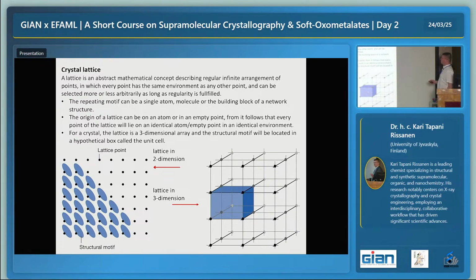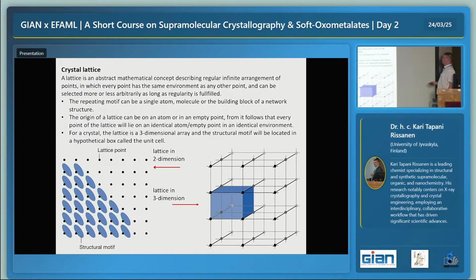You can select how to describe this lattice as you like. They are a little bit difficult to understand because they are very abstract things. And the repeating motif here can be, of course, a single atom, a molecule, or a building block of a network structure. So it doesn't matter.